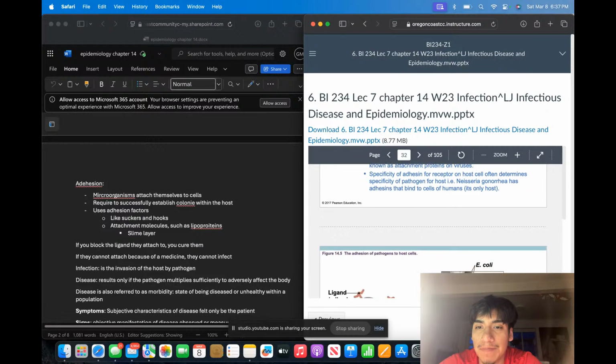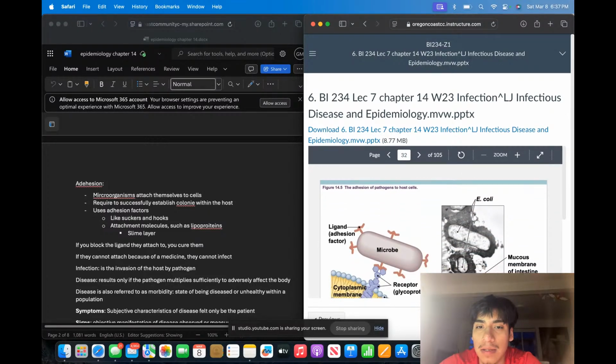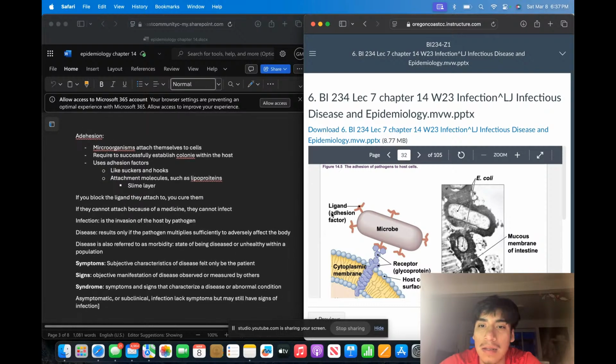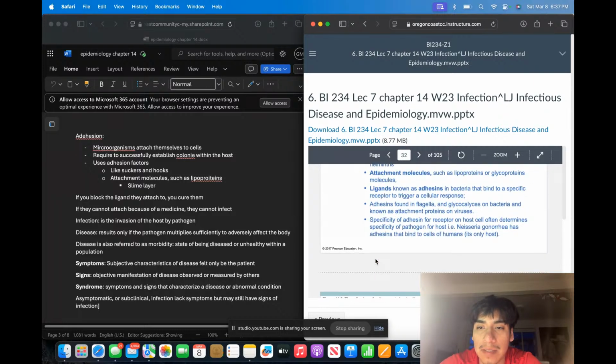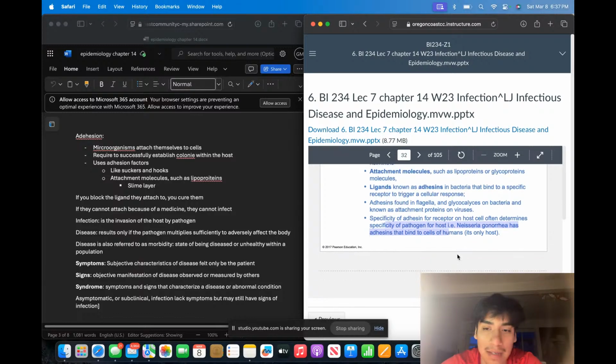Here are some photos: the ligand attaching to a glycoprotein. This shows how some of these factors, like ligands, can be pretty specific.